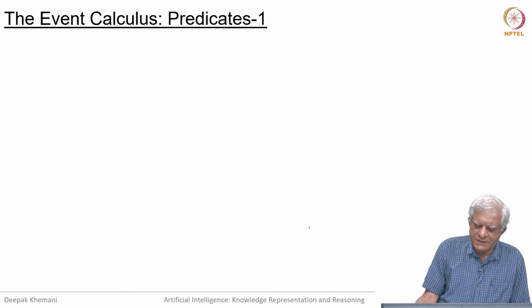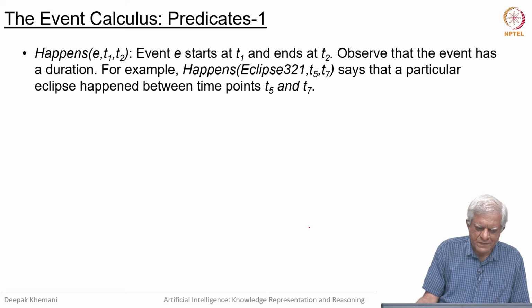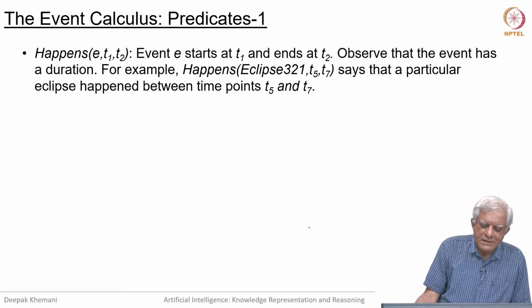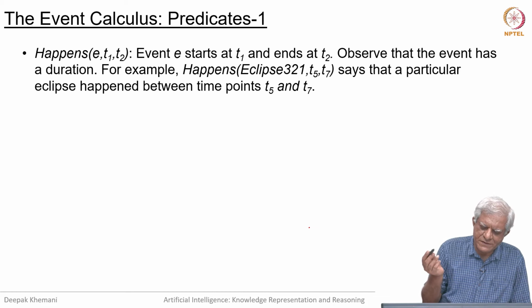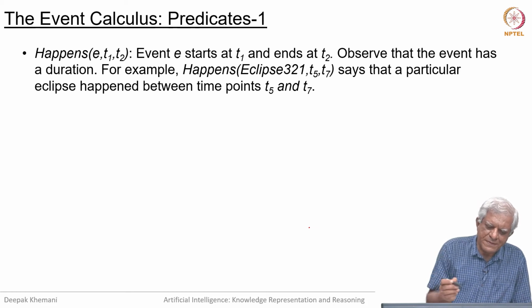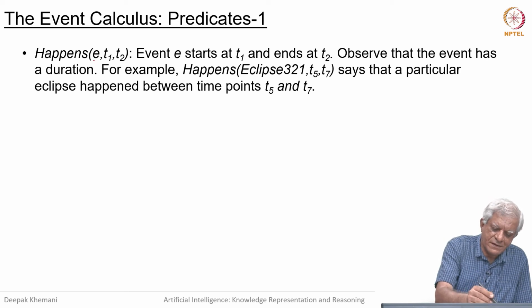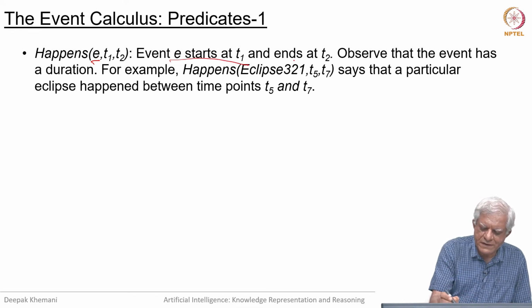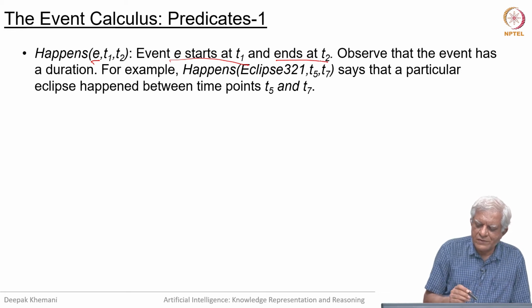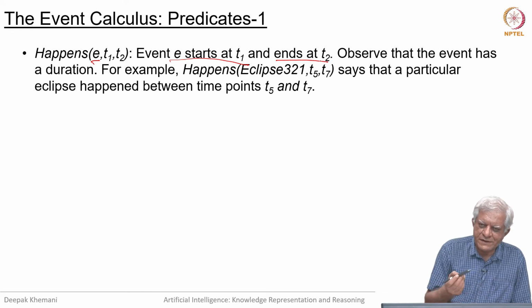So, what are the predicates of event calculus? Now, notice that these predicates take arguments which would have been formulas in first order logic. The happens predicate says that event E happened between time point T1 and time point T2. So, event E starts at T1 and ends at T2. Observe that it has a duration.